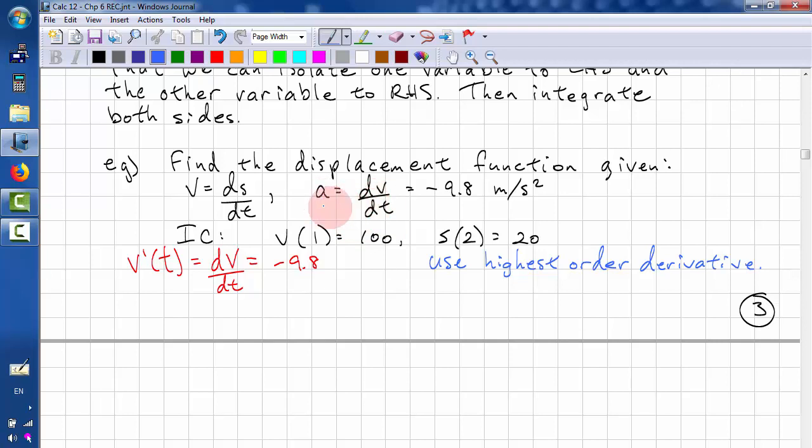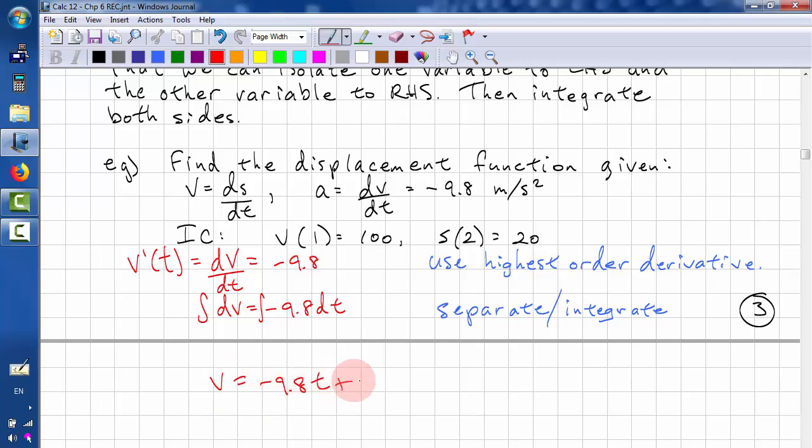Acceleration is the highest order derivative. So we want to separate this: dv equals negative 9.8 dt. And then we want to integrate both sides. Separate and integrate. So now we have v equals negative 9.8 t plus c.